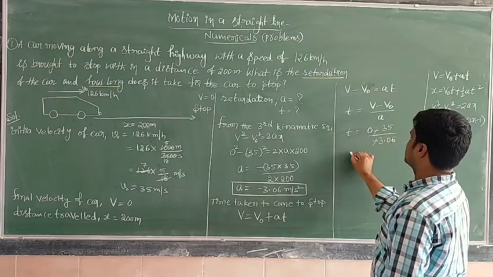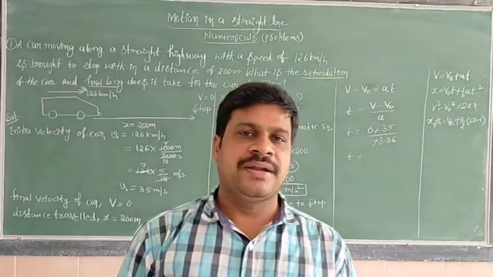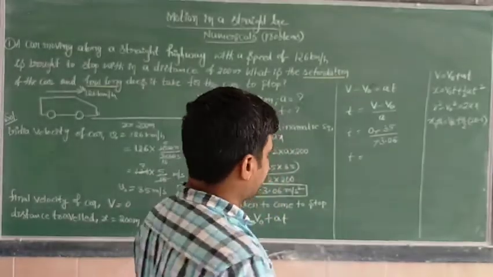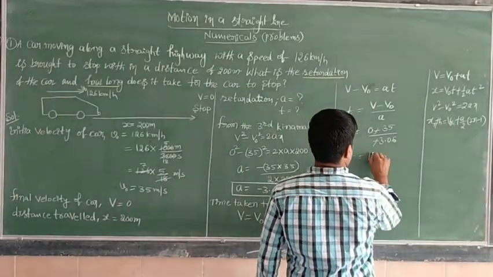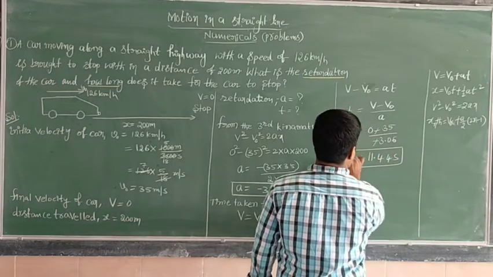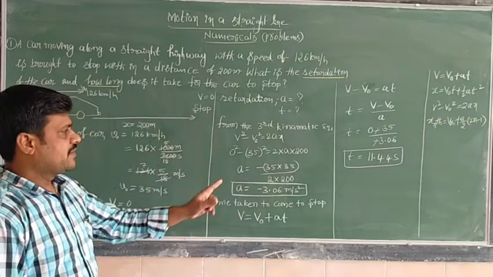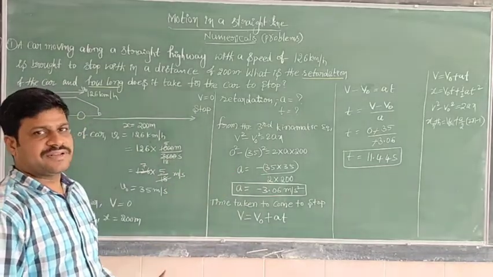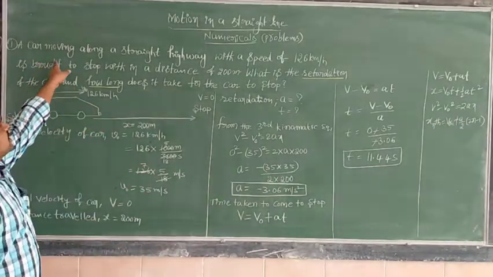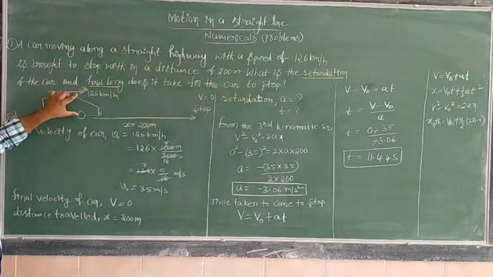The minus cancels, so T equals 35 divided by 3.06. Approximately you get 11.44 seconds. That means the time taken by the car before coming to rest is 11.44 seconds.